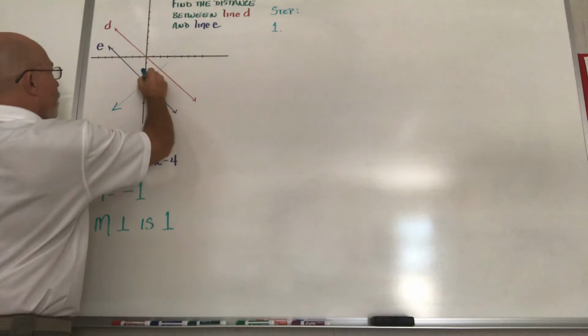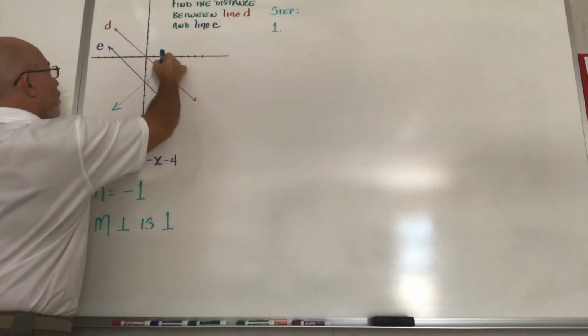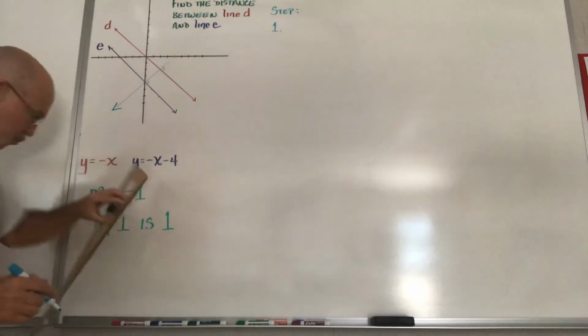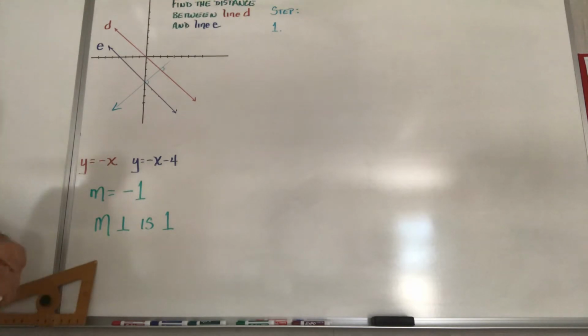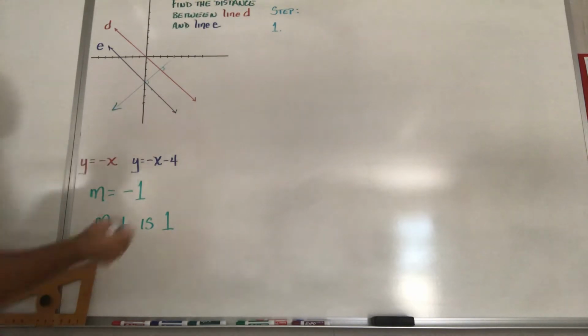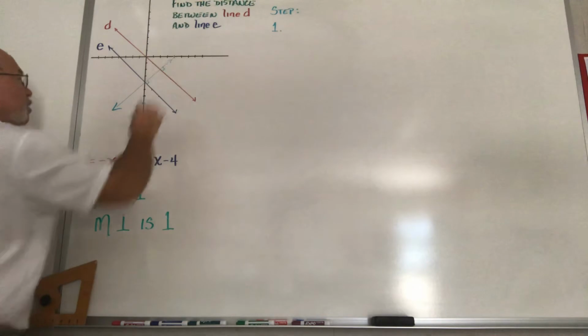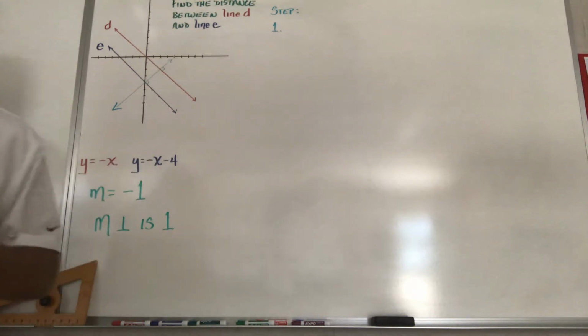We know it's perpendicular because its slope is the negative reciprocal of each of these. Okay, so there's my first step.